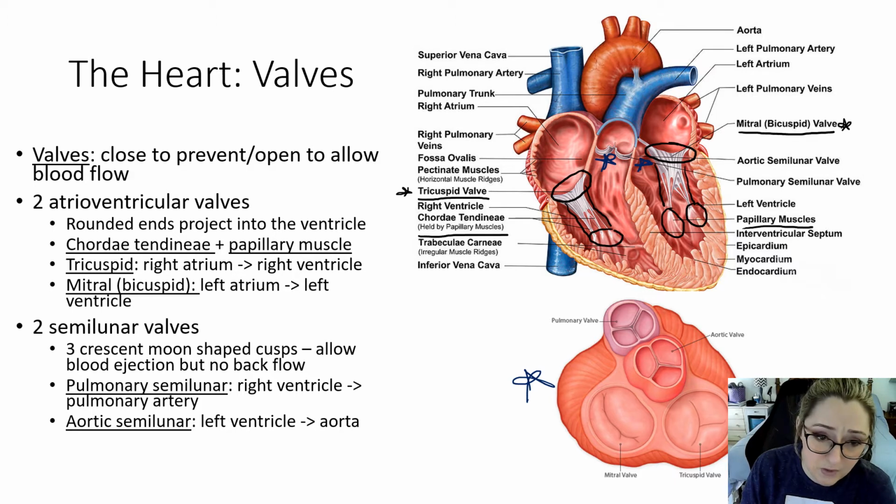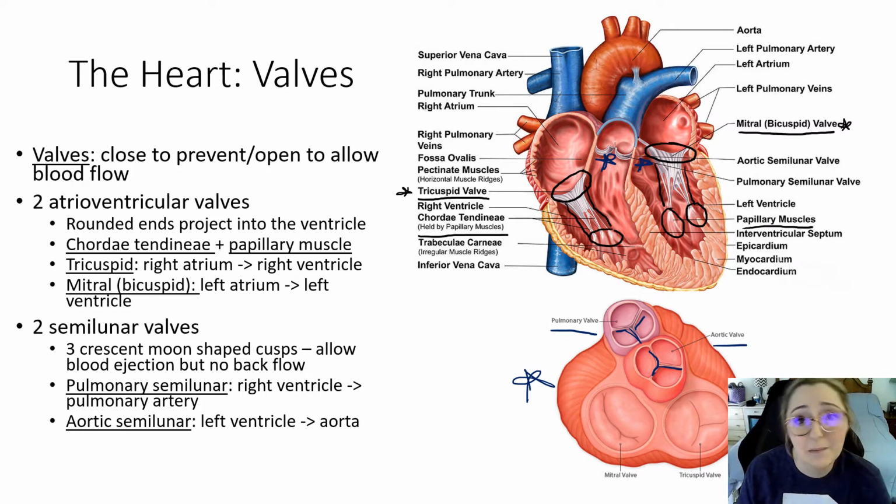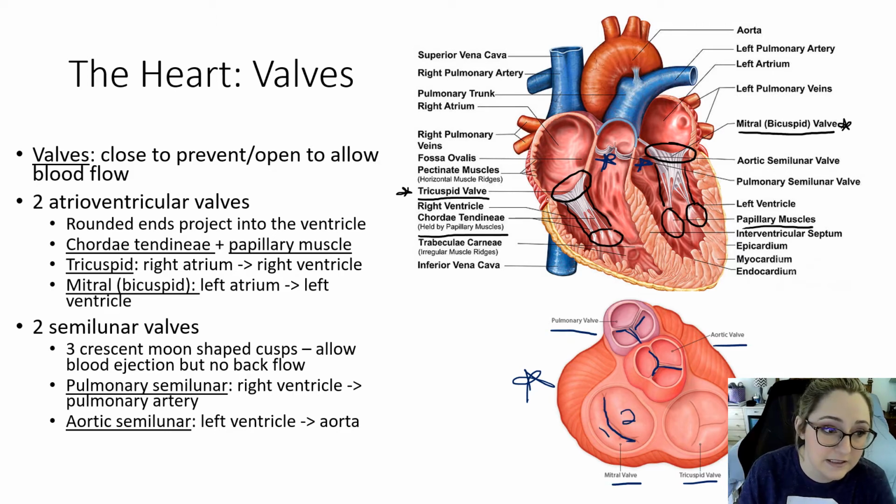We have our pulmonary valve and our aortic valve, and you can see these three little leaflets, which are three crescent moon-shaped cusps that allow blood to be ejected, but no blood to flow back in. That's very important. And then you can see the difference between the mitral or bicuspid valve and the tricuspid valve. The mitral or bicuspid has two little leaflets, and the tricuspid has three.